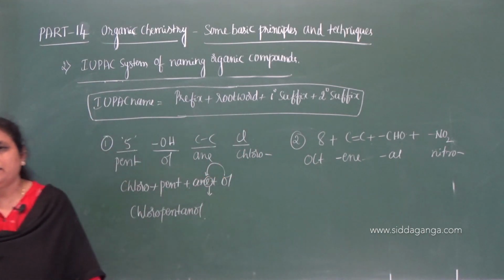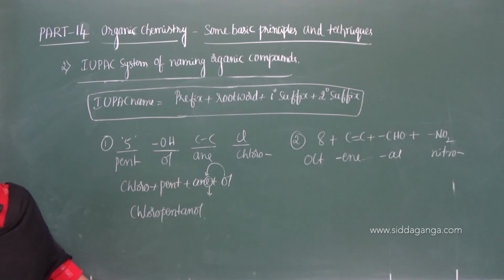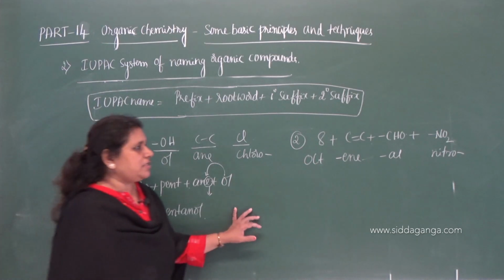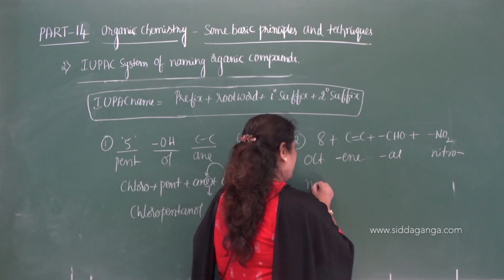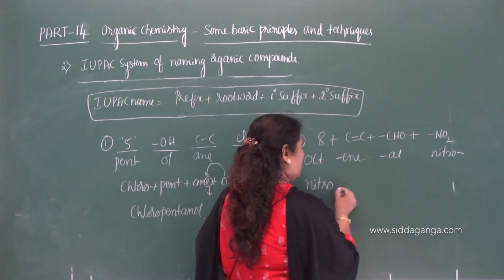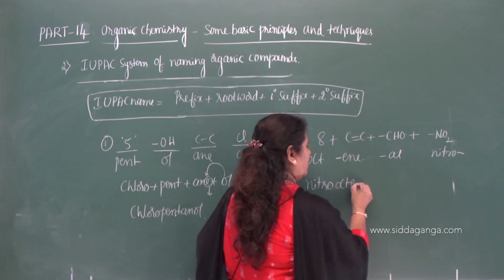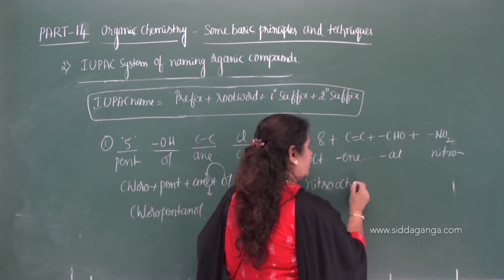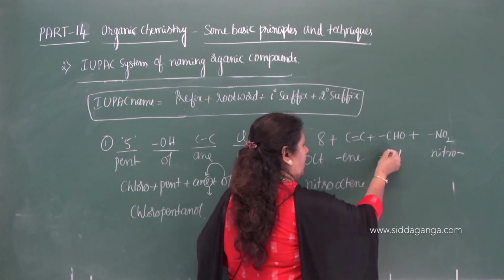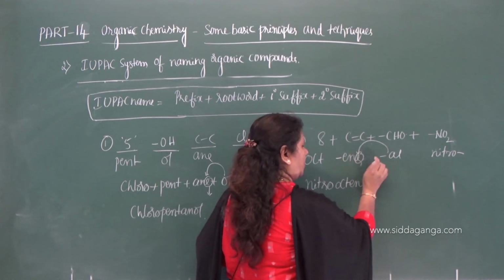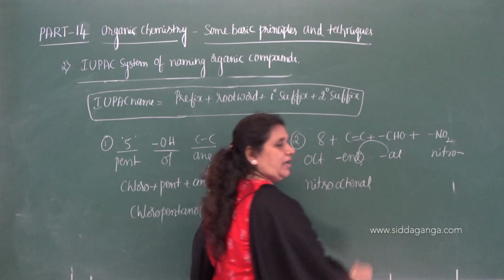Now you add the 3 parts of the IUPAC name and give the IUPAC name. First comes the prefix nitro, to which we add oct, then ene. While adding these, you have to drop the terminal e, then al.